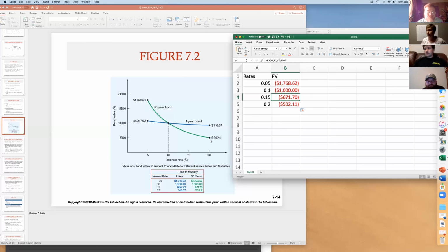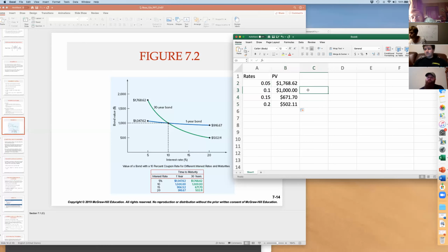Now, because it's curved like that, you can see that when interest rates go from 5 to 10%, look at the change. It's going to go from 1,000, and in order for me to not have to deal with minus signs, I'm going to turn all these around positive by putting a minus sign in front of that first one.